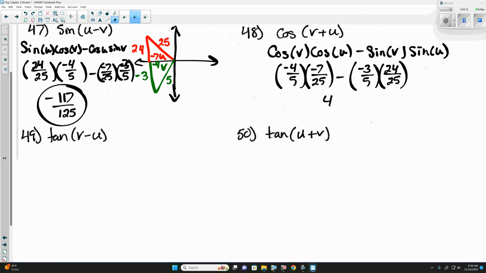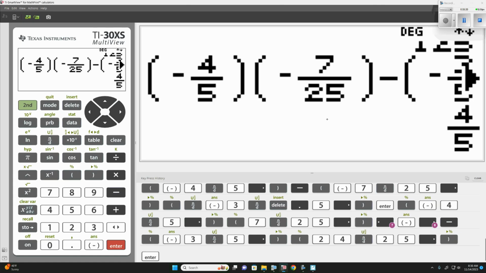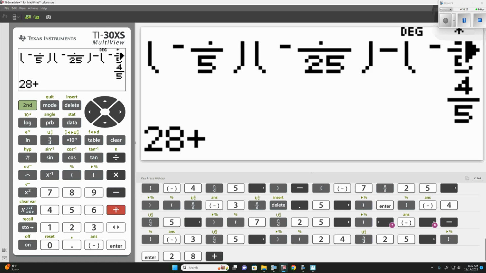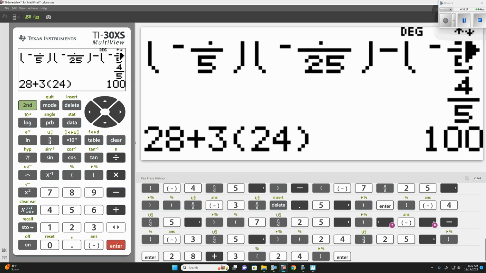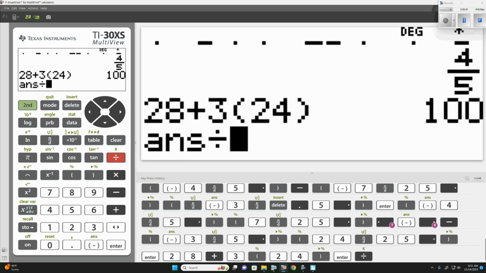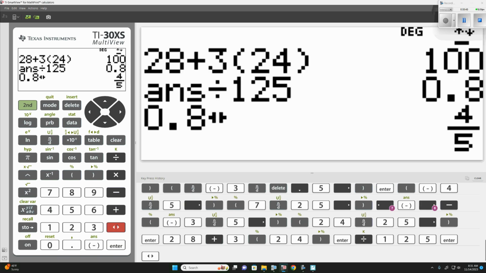That's funny. 28 plus, and then it was, that makes sense. Because the numerators, because the 4 times 7 for cosine is 28, our 3 times 24 with sine gives us 100. 100 over 125. Yeah, so it did simplify.